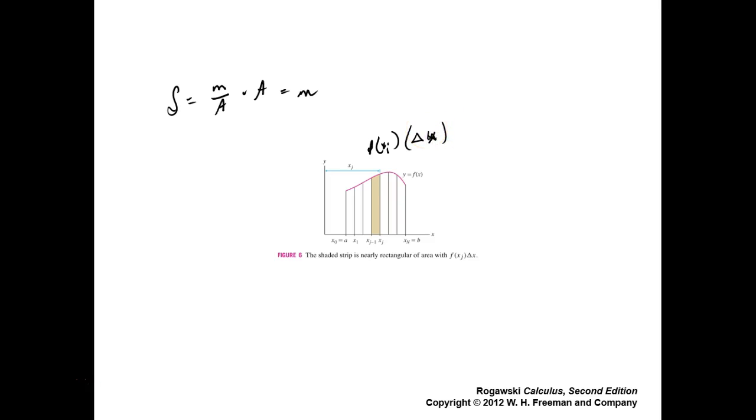That would then be your area. Multiply that by your density, so density times the area, f of x sub j delta x. This gives you your mass of that strip.